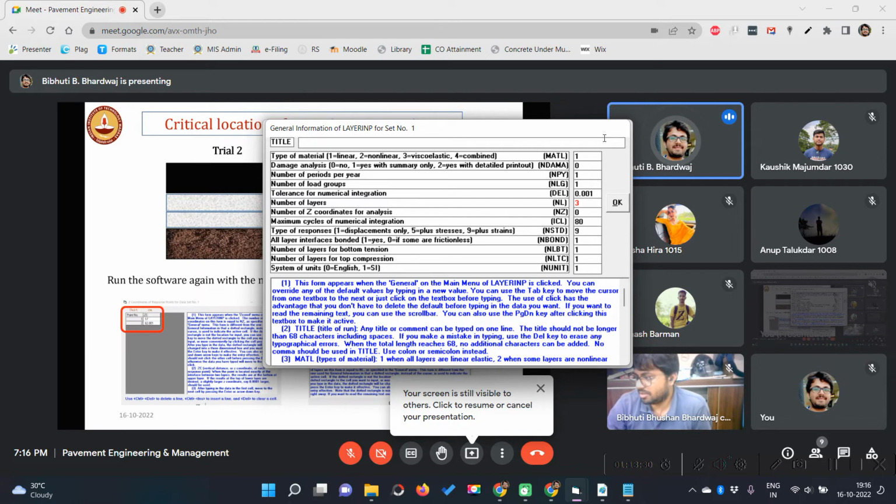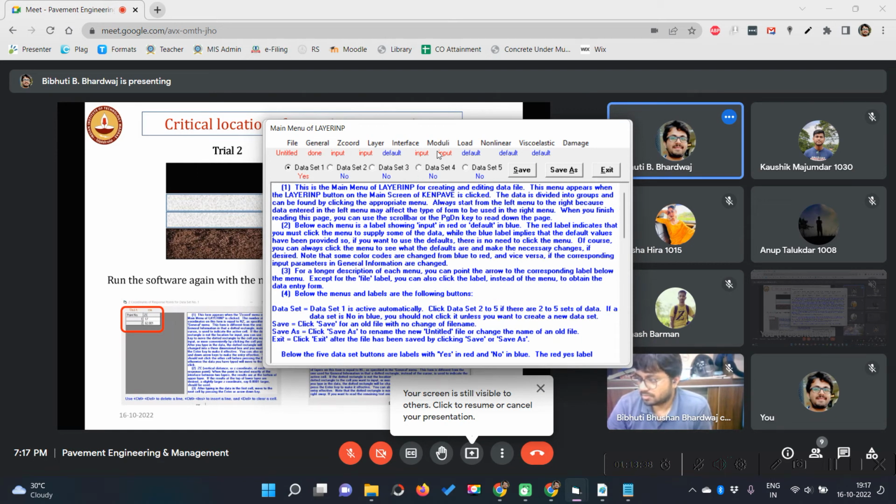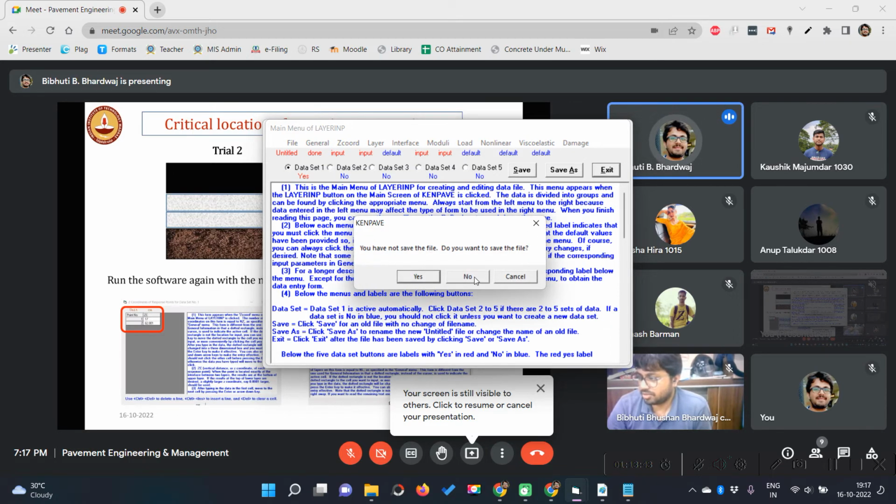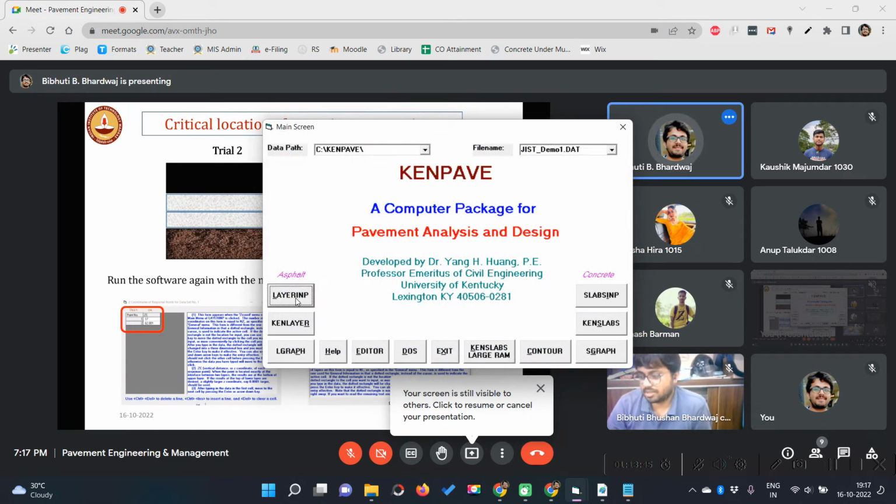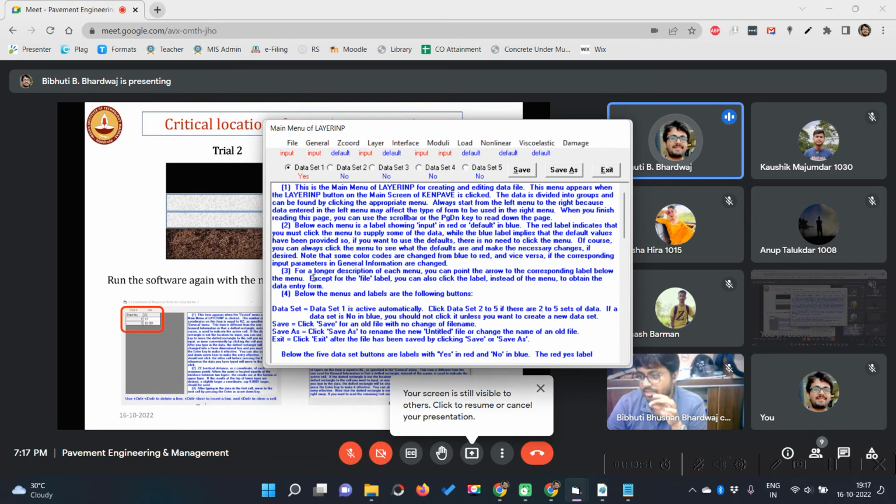So this should be 1, and the coordinates 2. Or maybe I can show you. In KENPAVE, the good thing is that the earlier data that you saved, you can reuse.